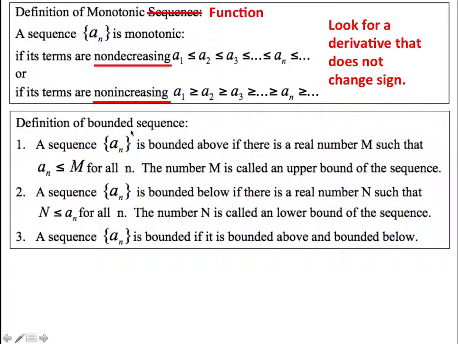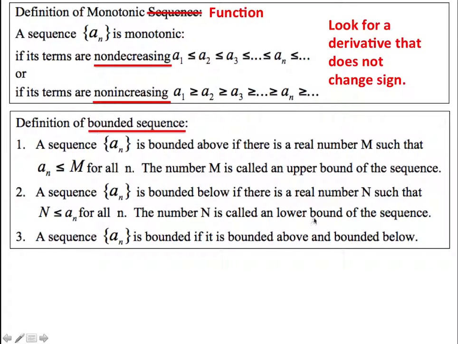As far as a bounded sequence goes, we've actually been doing that all along by determining whether or not there's a limit. If it approaches the limit from underneath, then we call that having an upper bound. In other words, it's coming up from down low, and it's approaching that upper limit, and that's the biggest value.